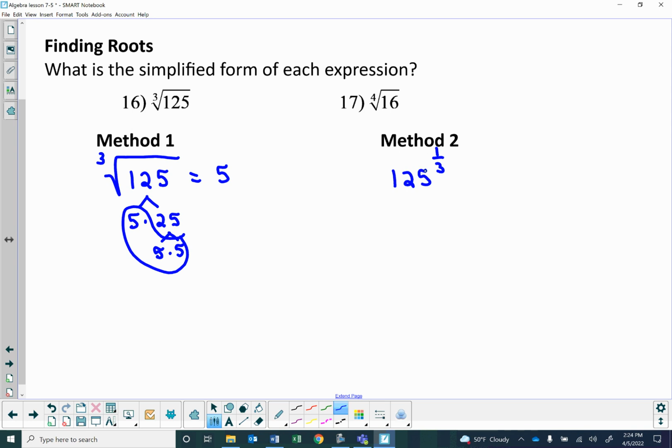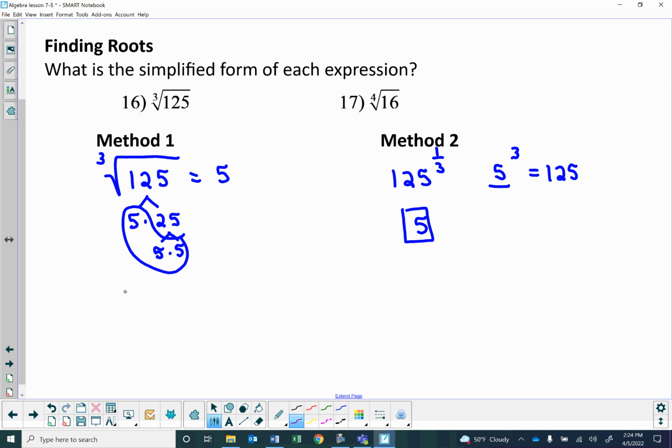Well, remember, 125 to the 1/3 is like saying what raised to the 3rd power equals 125. Something to the 3rd power equals 125. Well, I know that 5 to the 3rd power is equal to 125. So I know that 125 to the 1/3 is equal to 5. That's the second method.